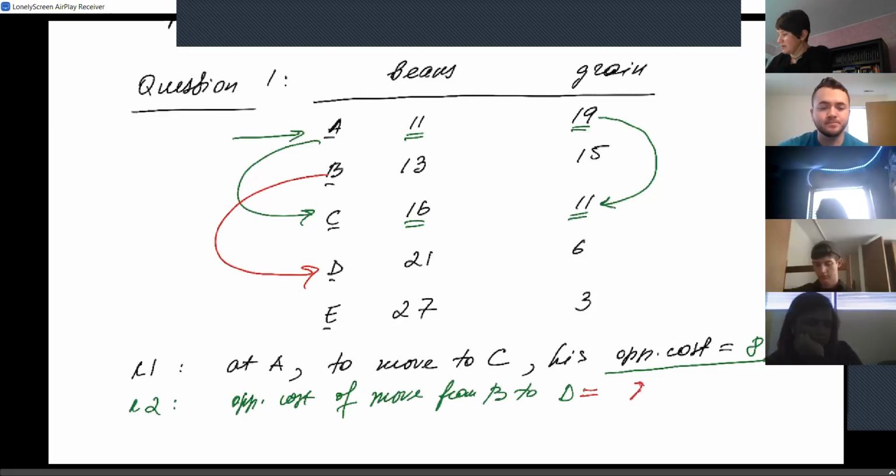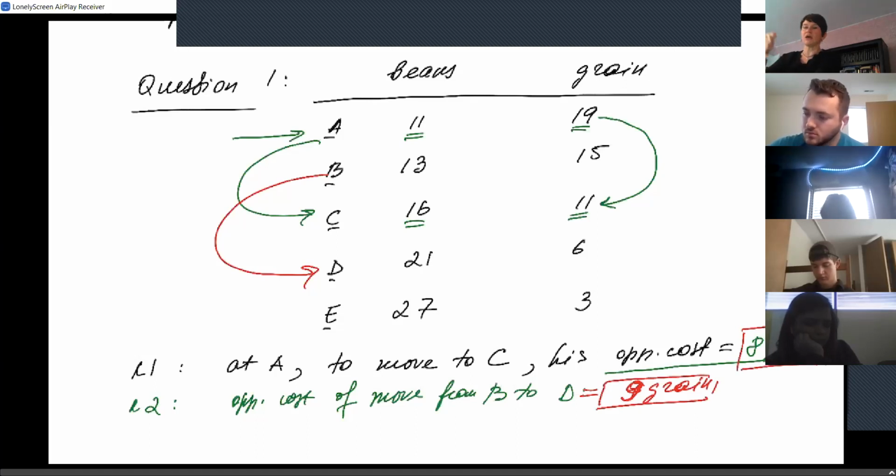Very good. Now please note how I write the answers. Just 9 grains or 8 grains. There is no plus, there is no minus. Writing minus 8 grains or minus 9 grains is a mistake, and an answer like that will not get you any credit.